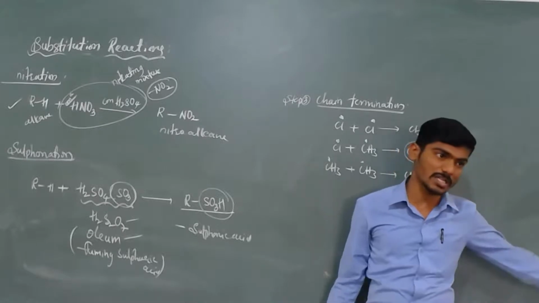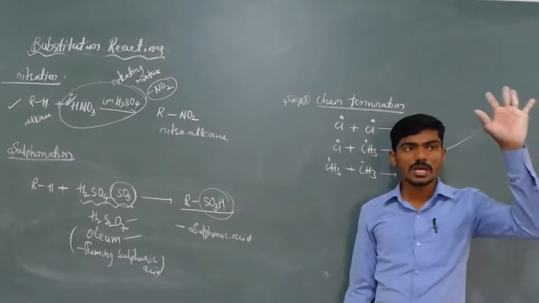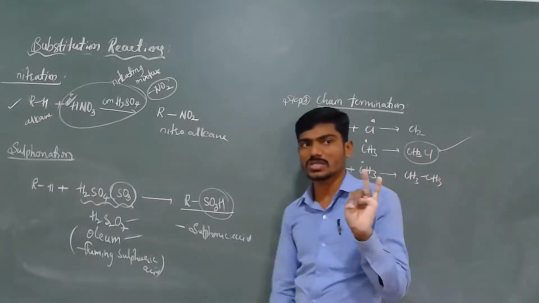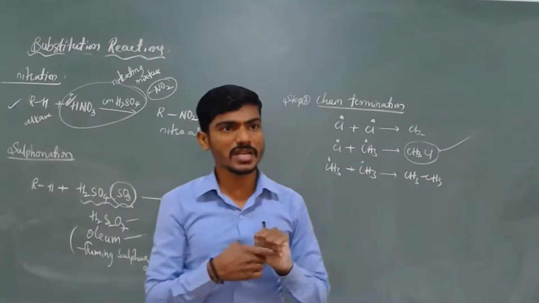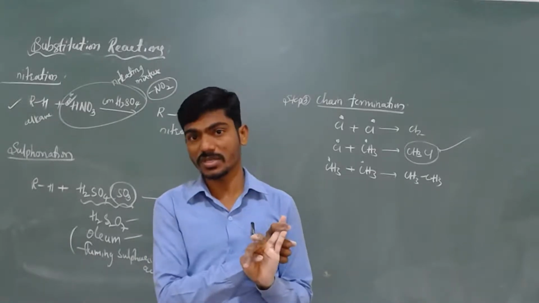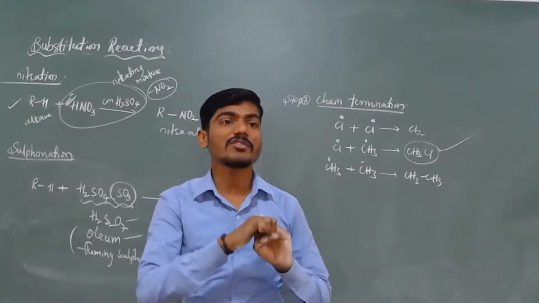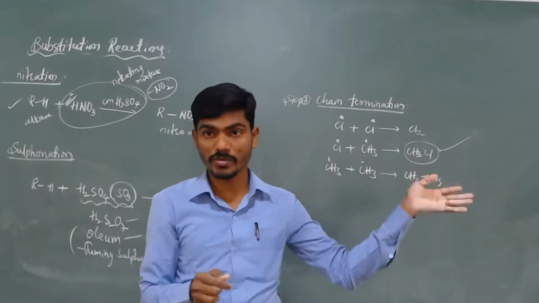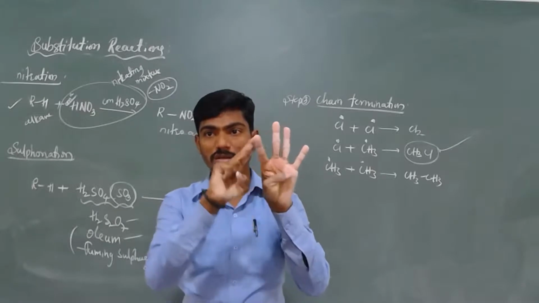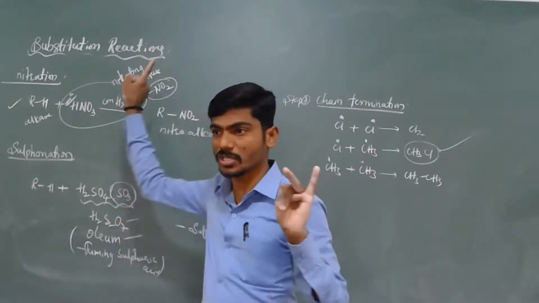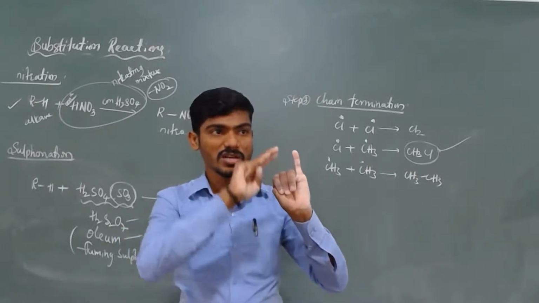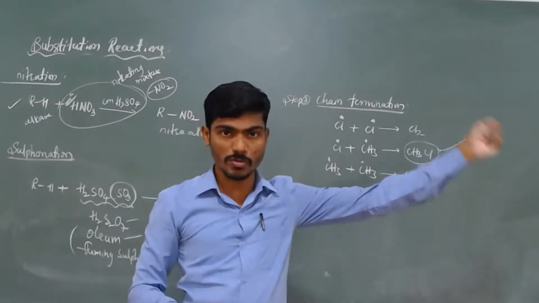The reactions are halogenation, nitration, sulfonation, and in addition to this, alkylation and acylation, which are particularly known as Friedel-Crafts alkylation and Friedel-Crafts acylation, two more name reactions. So five electrophilic substitution reactions.